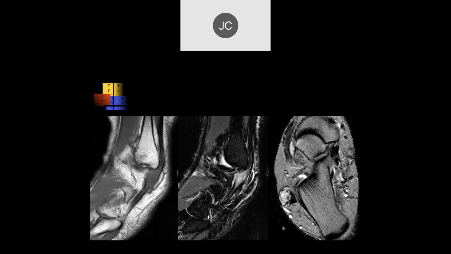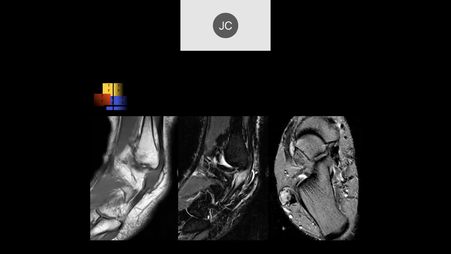Yeah, and it's thickened here. Is it like a nerve thickened? Well, what do you think this structure is? What is this structure? What structure is that that's abnormal here? Okay, so it's like the os peroneum, I think.